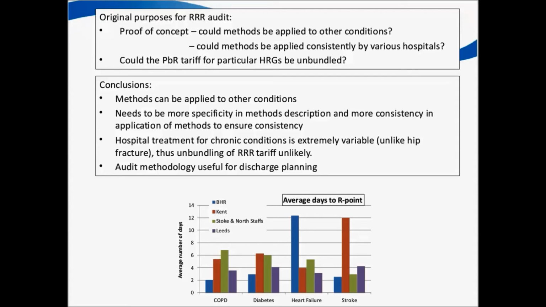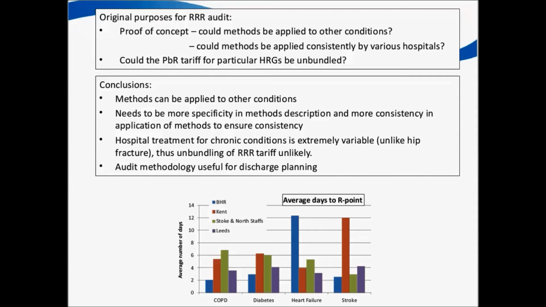So the specificity of method, of descriptions of the L point and the R point, and what was high and low RRR need, and the ability to apply those definitions consistently, and the variation in the services that patients needed when they had a chronic condition, made it very difficult to identify a particular length of time for the RRR phase in a particular hospital.